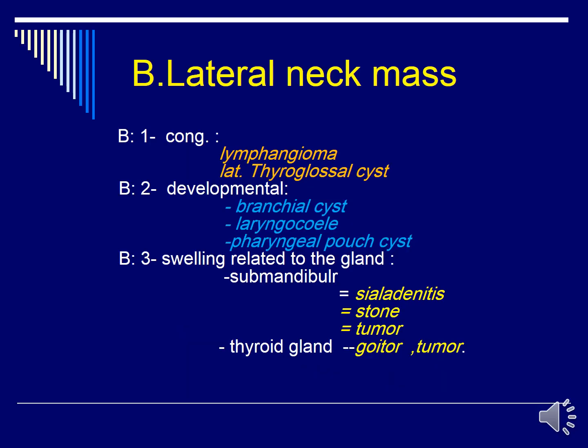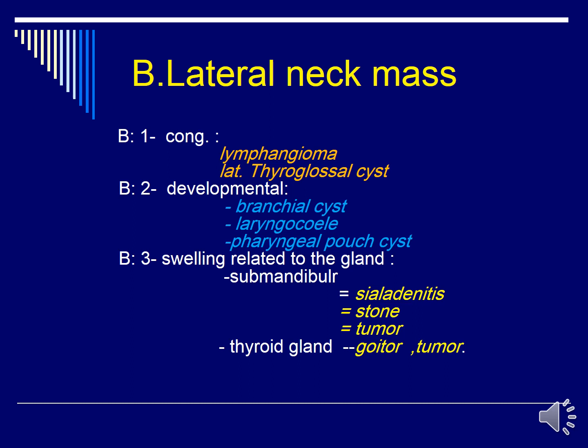Lateral neck masses can also be divided into congenital, like lymphangioma, hemangioma, lateral thyroglossal cyst, developmental, like branchial cyst, pharyngeal pouch, and laryngocele.